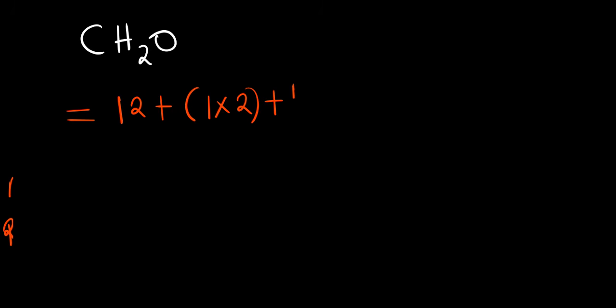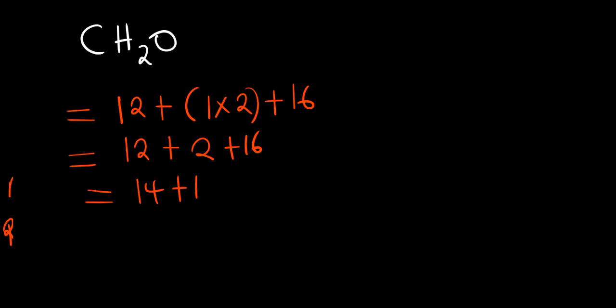So 12 plus 1 multiplied by 2, that is 2, plus 16. Now 12 plus 2 is 14, plus 16 is 30.